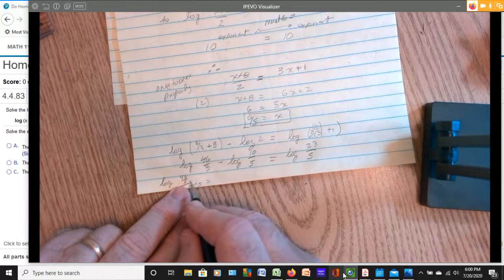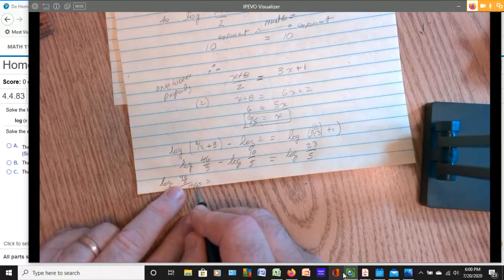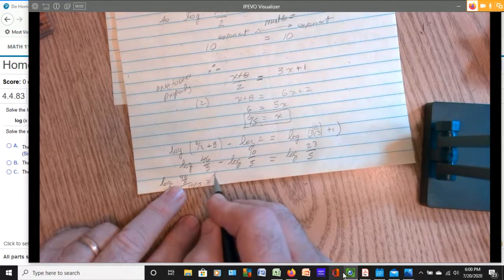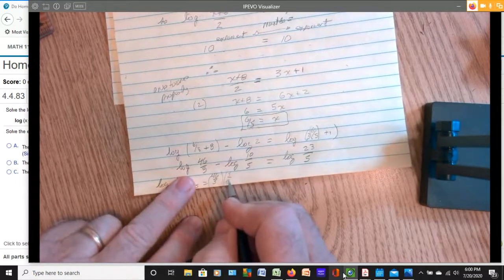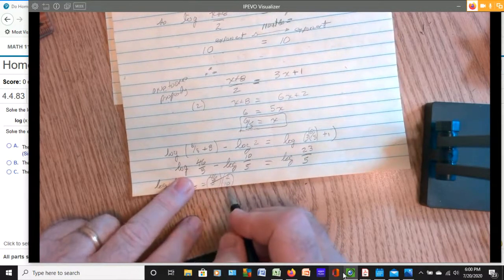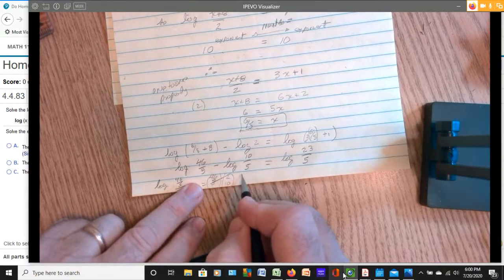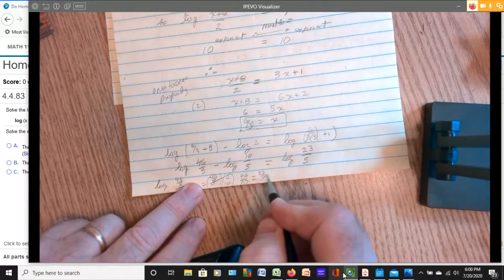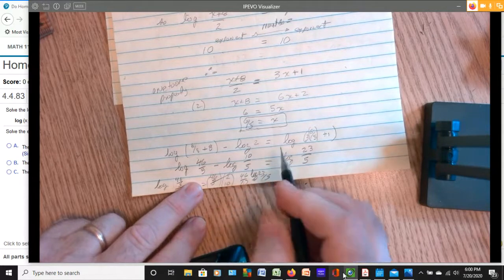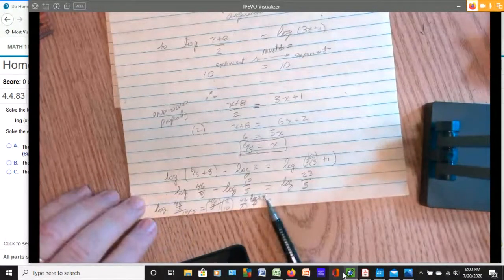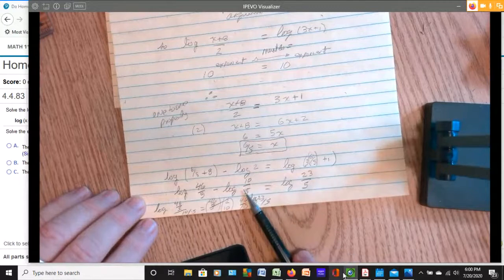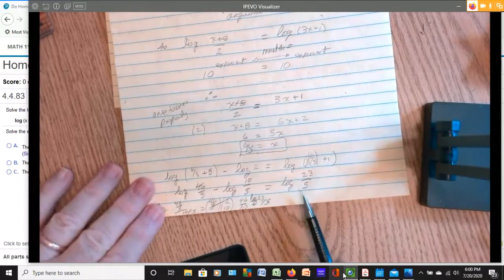So this is going to wind up being 46 over 5 times 5 over 10, which is 46 over 10, which equals 23 over 5, with the log in front of it. I know this is sloppy, but I'm just trying to see if I can come back to the same result. I can simplify down using fraction arithmetic with the same result: log of 23 over 5 equals log of 23 over 5.